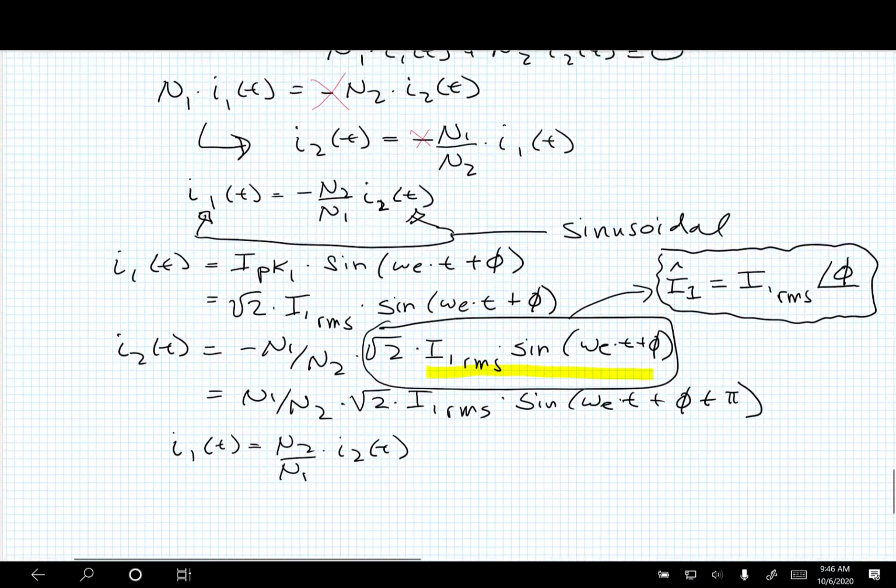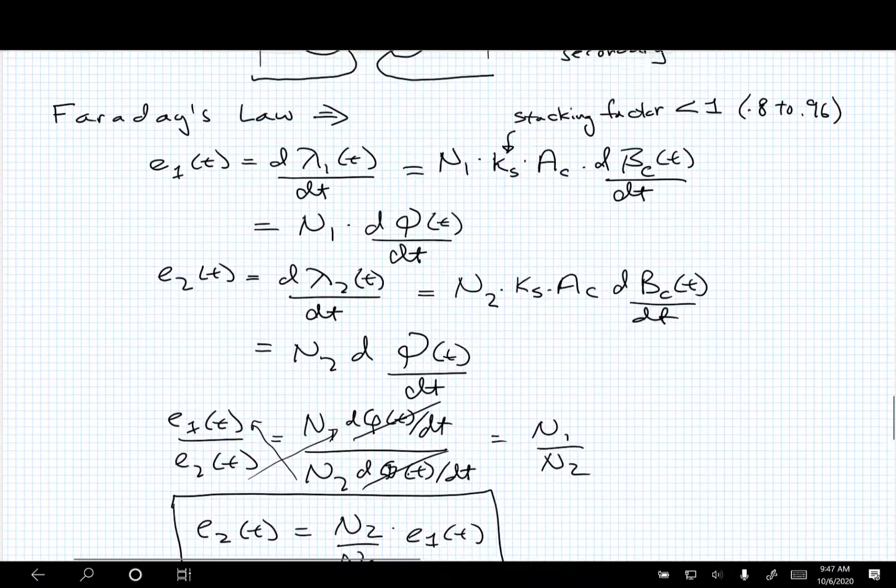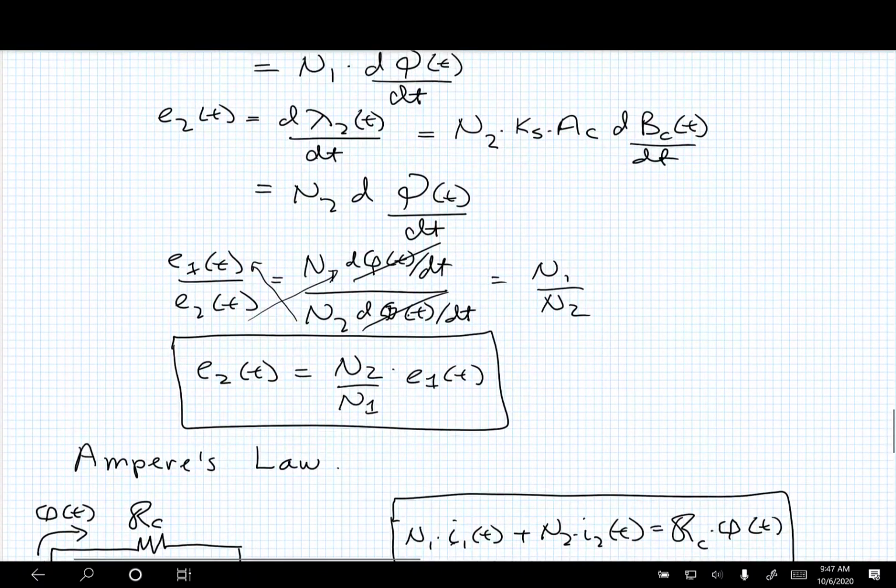From this, we can say the ratio of I1(t) to I2(t) is equal to n2 over n1. Remember, when we did this with the voltages, it was n1 over n2.